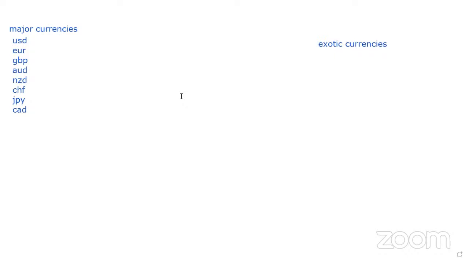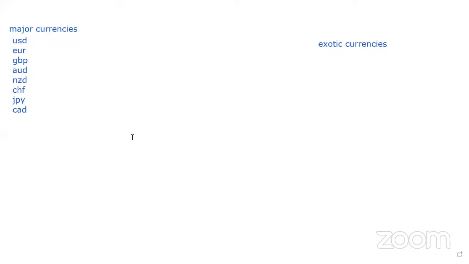Oil is one of their best commodities that adds to the economy. Just like Nigeria would have been in this case if we belonged to the major currencies, because we produce oil and oil is the only thing that adds to our foreign account. But we are not in that major currency group. So Canada is a commodity currency and they produce oil.